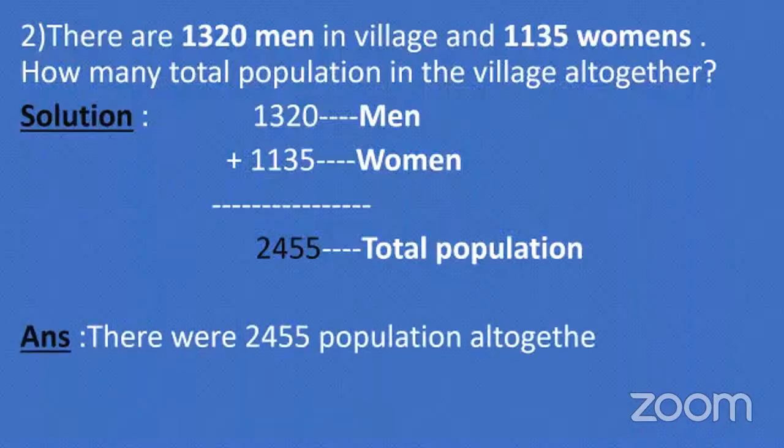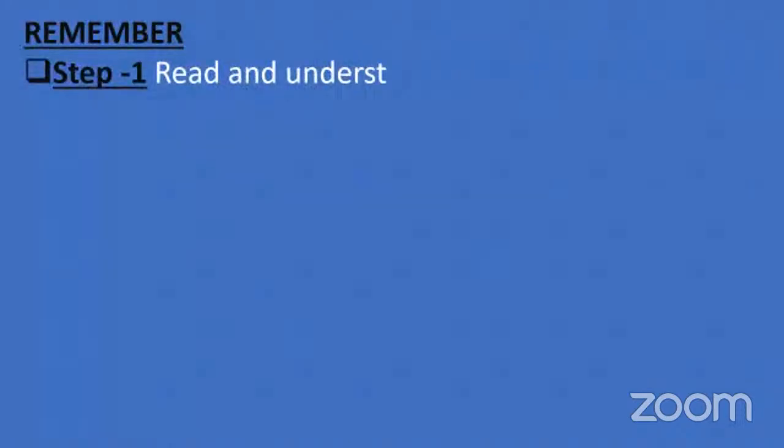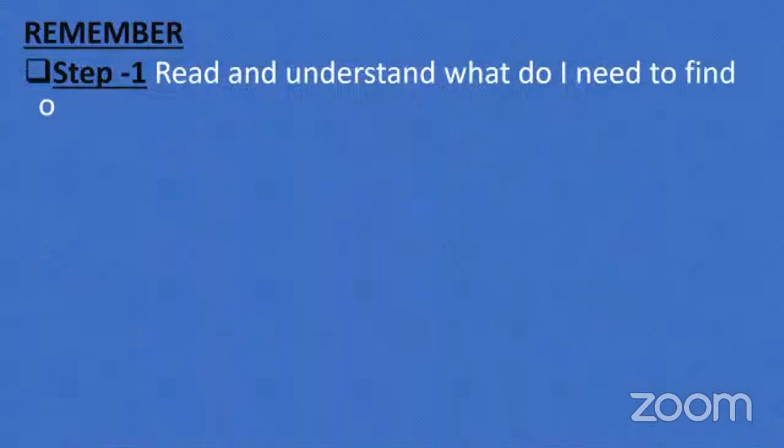Now see, always remember these important things in a word problem. There are some steps in a word problem that you should always keep in your mind. What is the first step? Read and understand what you need to find out.